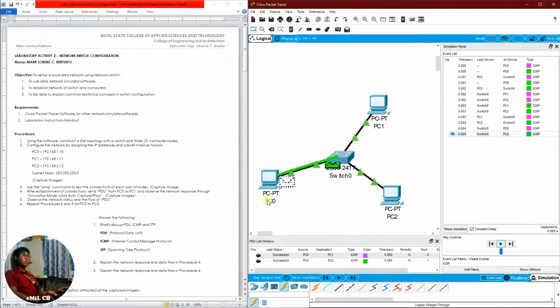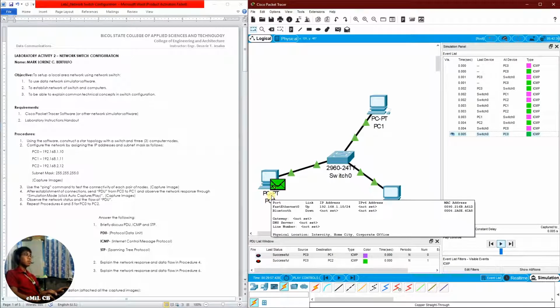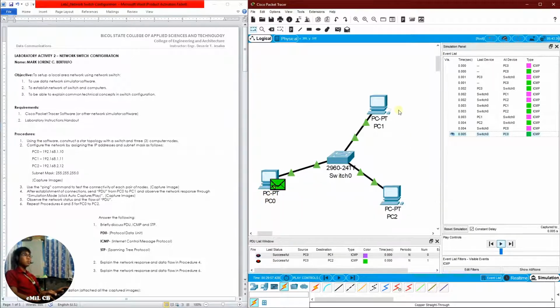PC0 successfully received the PDU sent back by PC1. Also, the PDU sent back by PC2 was received by PC0 in a span of 5 milliseconds. Both processes were successful, as we can see in the PDU list window.